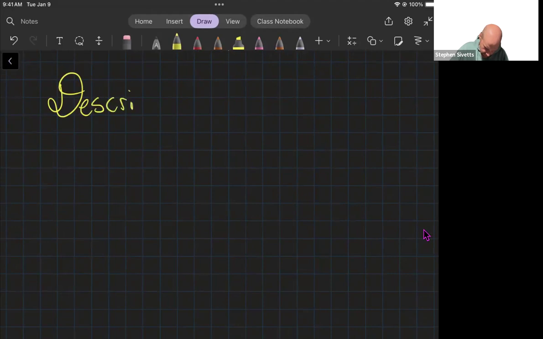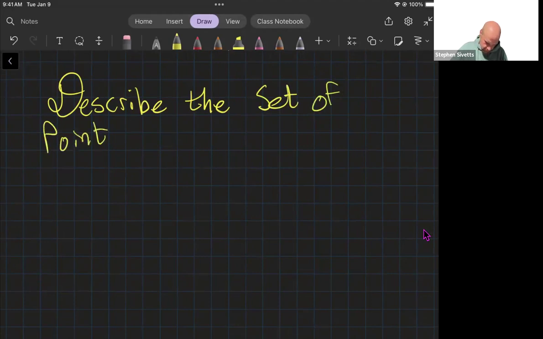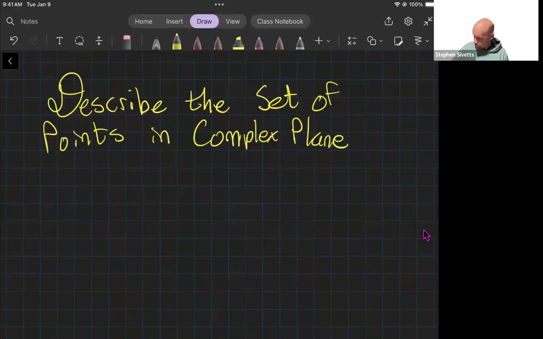Describe the set of points in the complex plane.